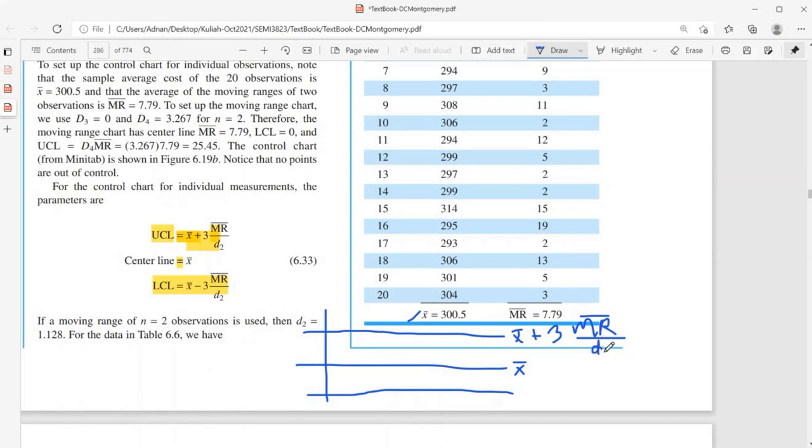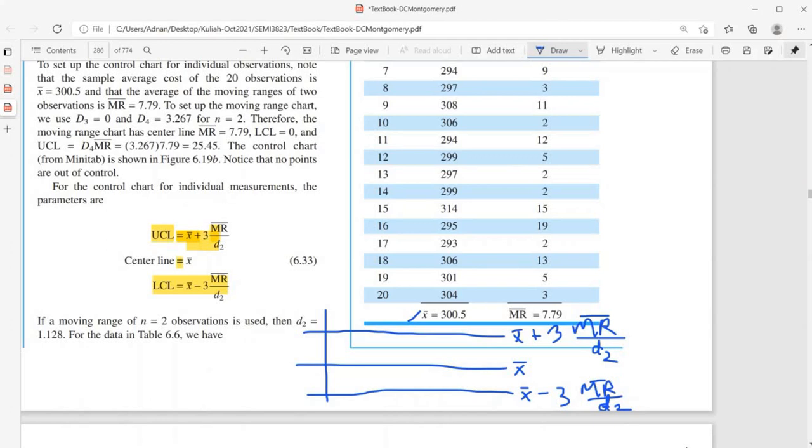D2 comes from the table. The lower control limit is just the opposite: change it to negative, so we have X bar minus 3 times MR bar divided by D2. It's very easy.